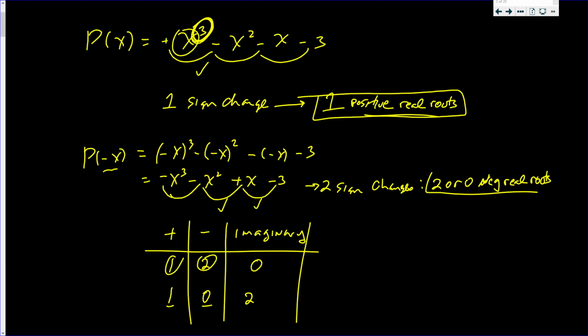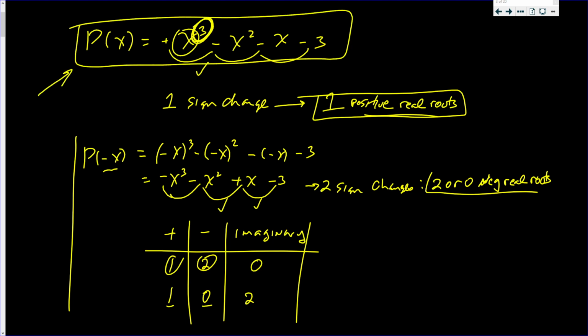That means 2 must be imaginary. Now, why would this be helpful? If you wanted to find the roots of P of x, you can find a list of the possible rational roots. It's not easy to figure out the irrational roots, unless you have a quadratic, and then you can use the quadratic formula. But in the cubic or 4th degree or 5th degree, etc., you're not going to be able to find the complex roots or the irrational roots.